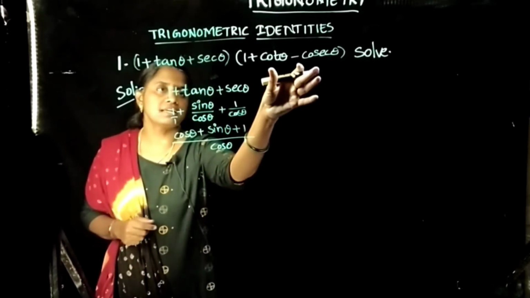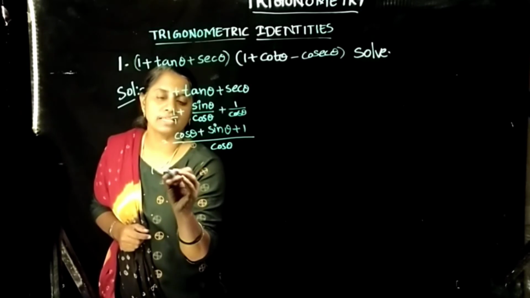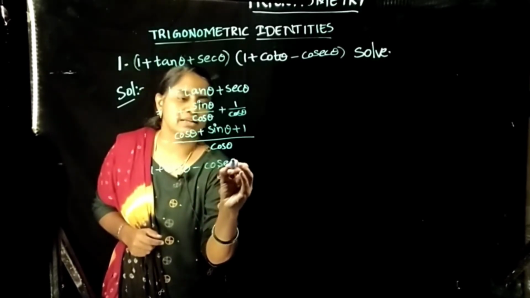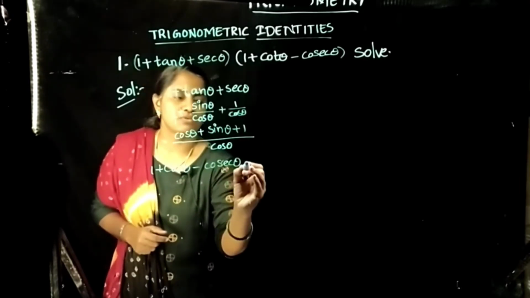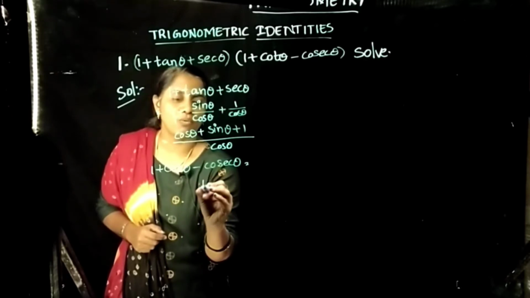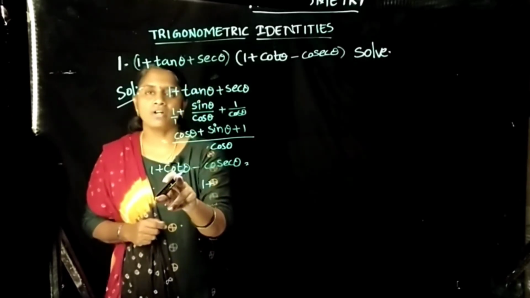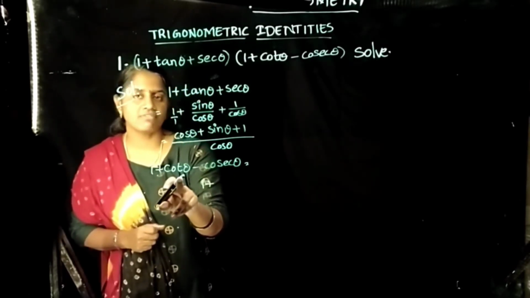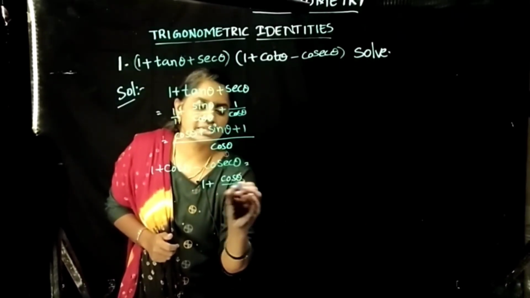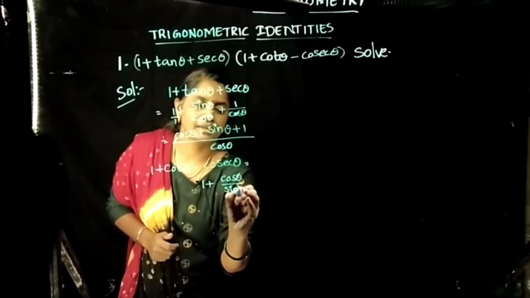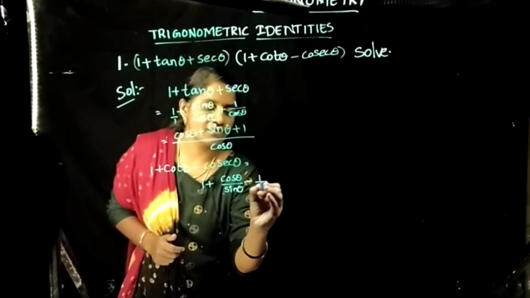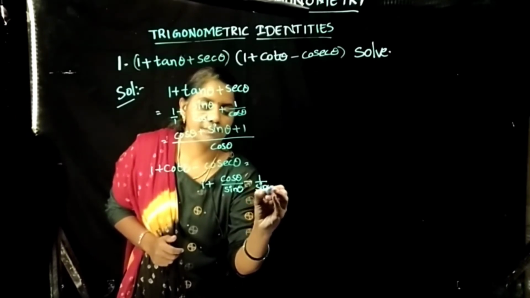What is the second term? 1 plus cot theta minus cosec theta. We have to write it in the form of cos and sin. The cot is cos theta by sin theta, minus cosec, which is the reciprocal of sin theta.